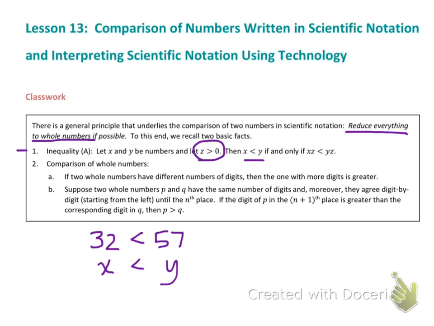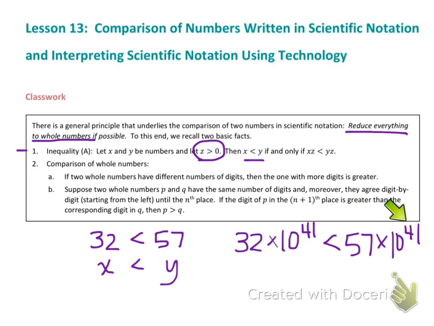Okay, so if I know that 32 is less than 57, I also know that 32 times 10 to the 41st power has to be less than 57 times 10 to the 41st power. So if my exponents are the same when I'm comparing two numbers in scientific notation, if my powers of 10 match, then all I have to do is compare these numbers out front.